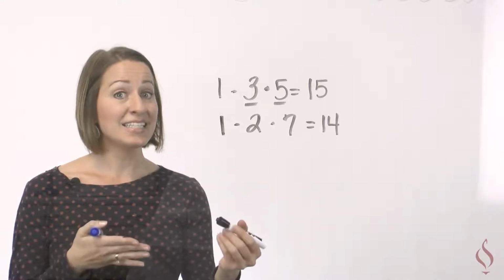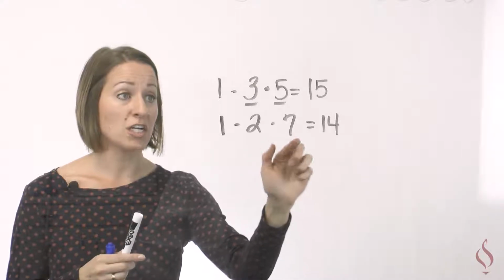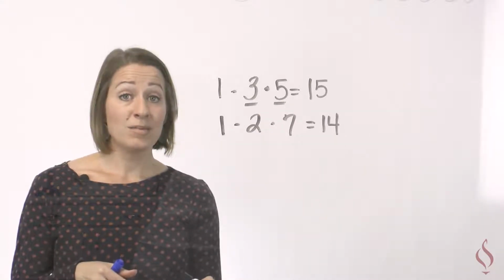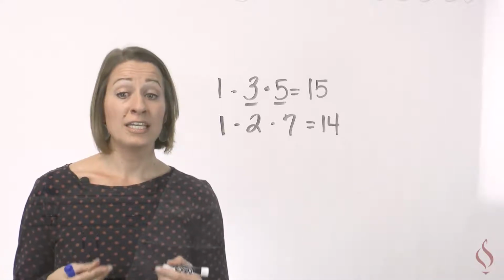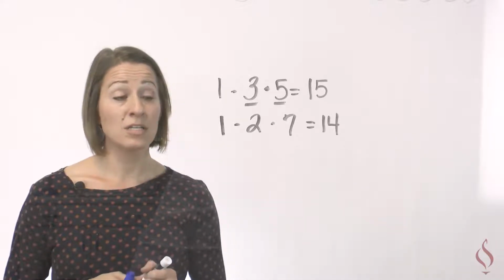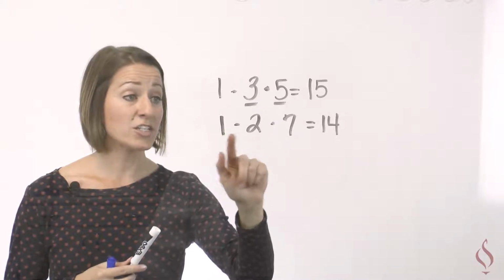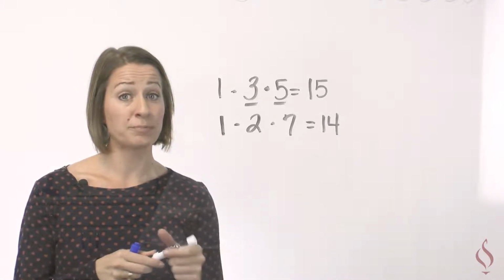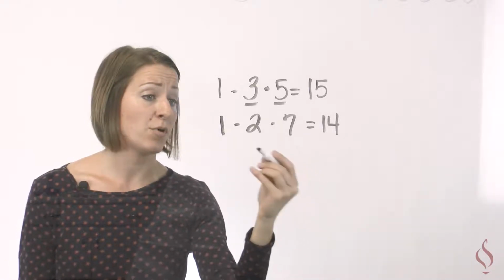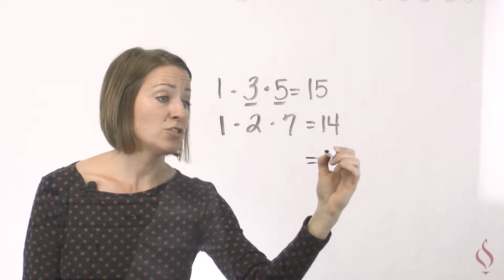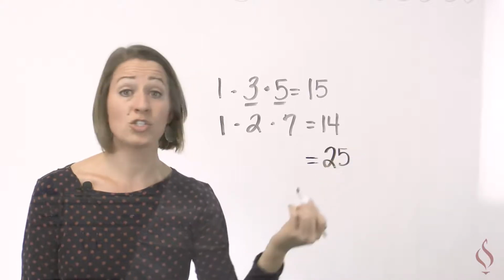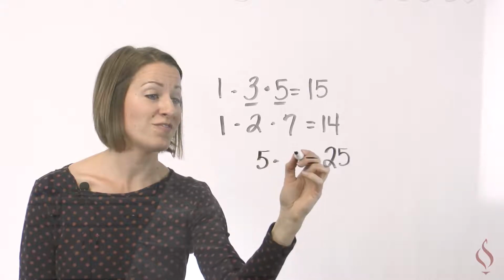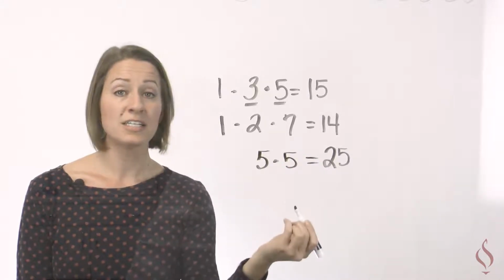So that kind of leads us, now that you understand what factors are, these numbers that make up a multiplication problem, to an exponent. In math, we use exponents when the list of factors has more than one of the same number. So for example, if I told you the answer to this multiplication is 25, hopefully you know 5 times 5 is 25.